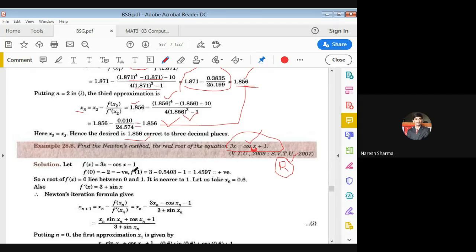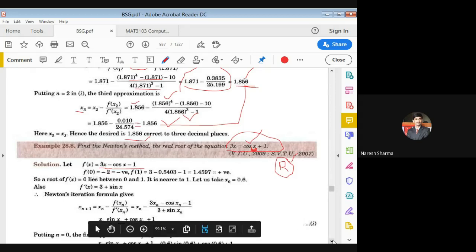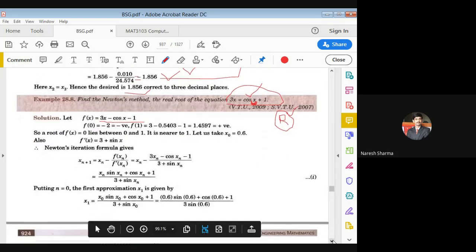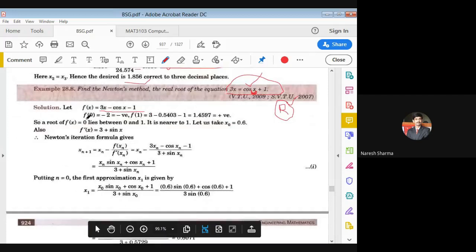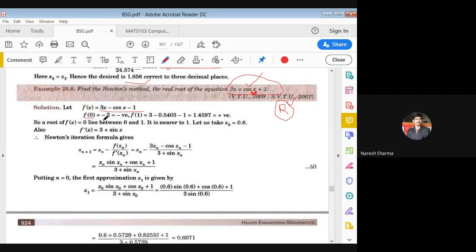So rewrite this as 3x - cos x - 1. We have already done this question with the bisection method and also the regula falsi method, so you can check your previous lectures. Put 0 in your calculator, you get -2. Put 1, you get 1.4597, which is positive.